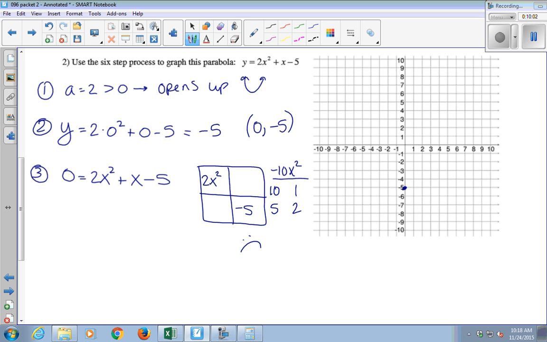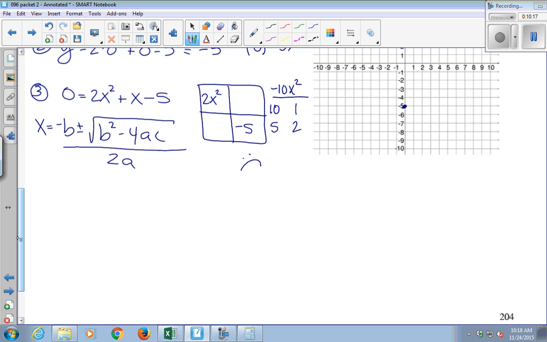Okay, so the quadratic formula says that x is negative b plus or minus the square root of b squared minus 4ac all over 2a. And then I plug in my values for a, b, and c. What is b in this case? 1.